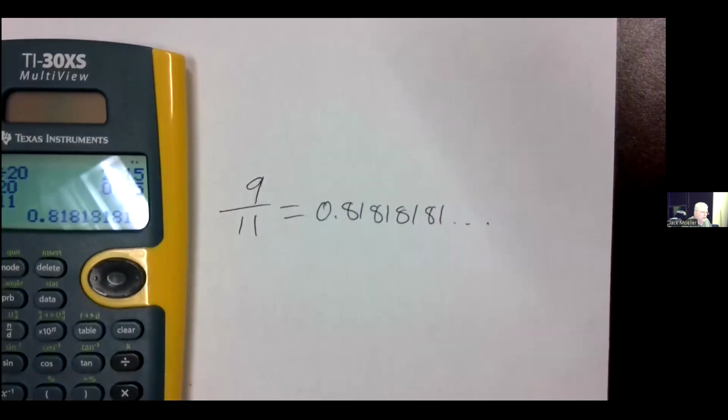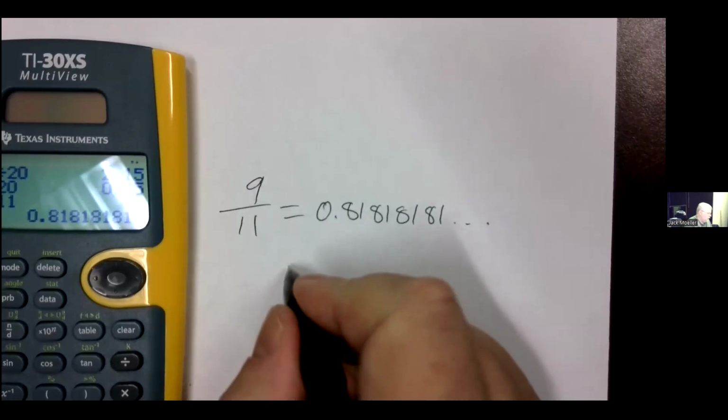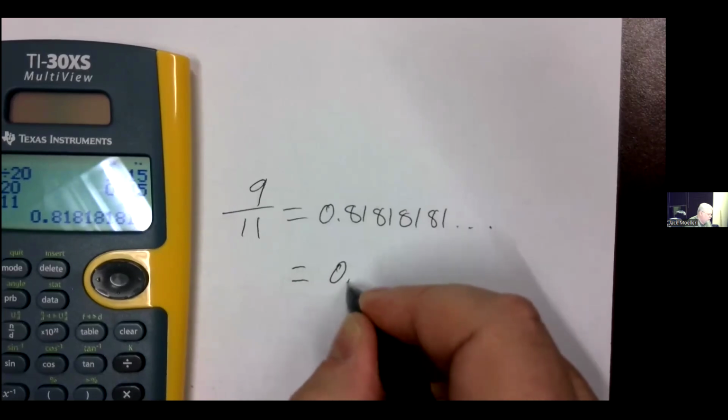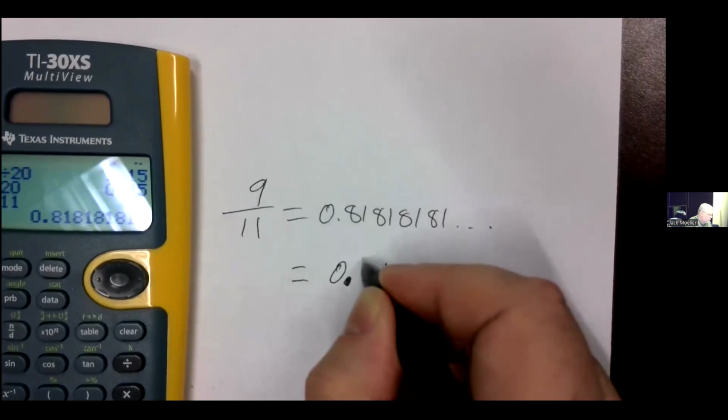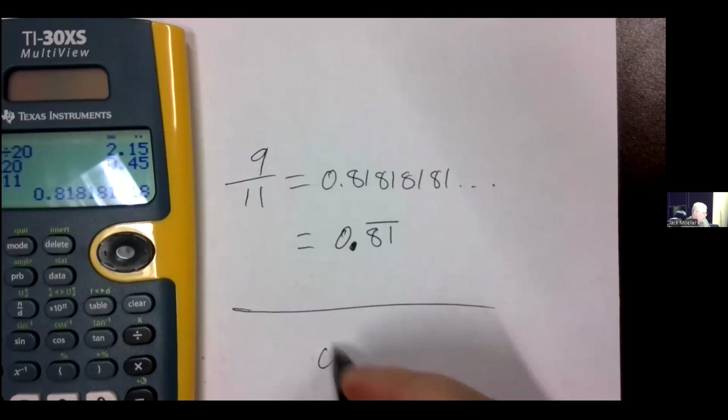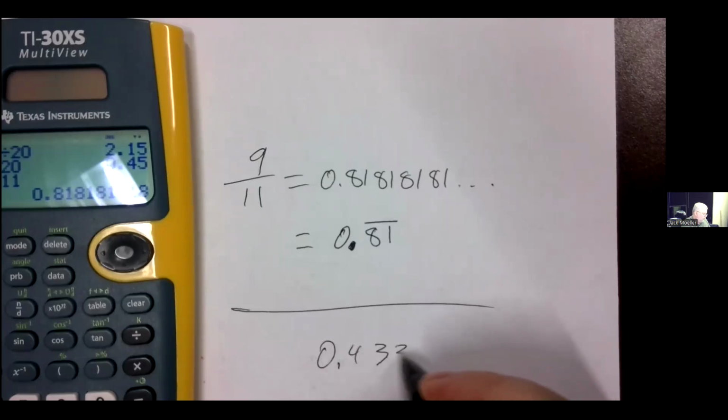But do you remember how to do this without rounding? Well, we have a repeating number. That 81 is repeating. So if you ever see numbers with a bar over them, that's telling you that the 81, or whatever is under the bar, is repeating. For example, we have 4.3333 forever.